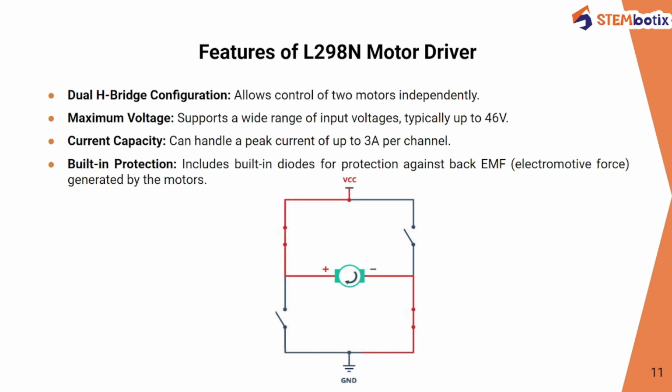As we have just discussed, the H bridge circuit or H bridge configuration technique is used to control the rotation and speed of the motor. This dual H-bridge configuration allows control of two motors independently.